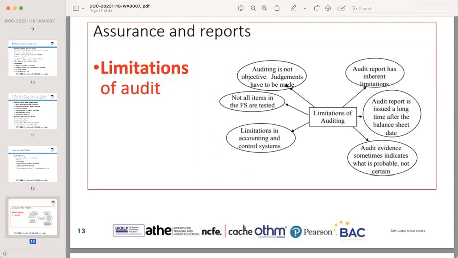They can't check everything. Their objective is not to check every single item.